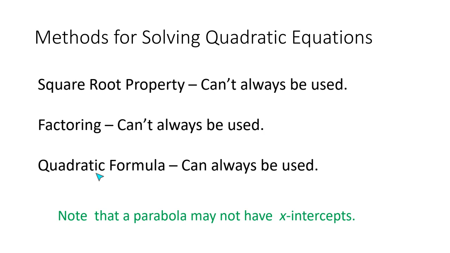Something I like telling my students is, if you try factoring, give yourself a minute. If you can't figure out what the factors are, then go to a different method, in that case, the quadratic formula. Sometimes you might not have any x-intercepts either. Okay. Is there a question?